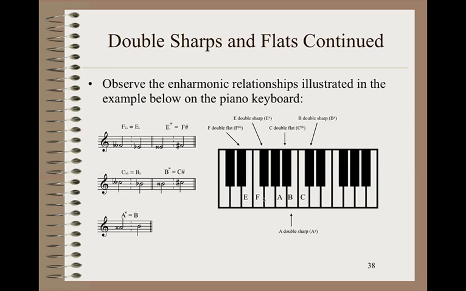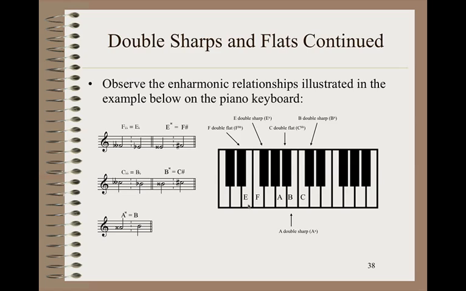So it's two half steps, one, two. So an F double flat is the same as E flat. Or an E double sharp is the same as F sharp.